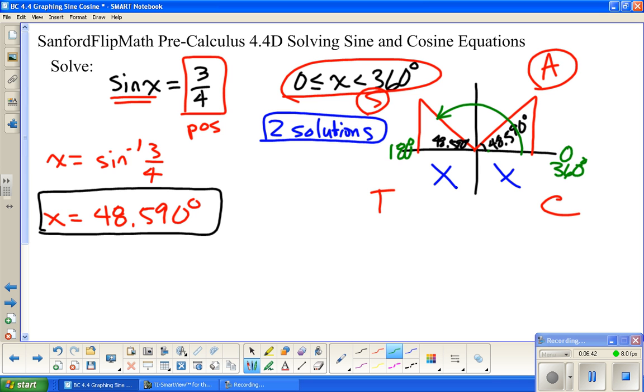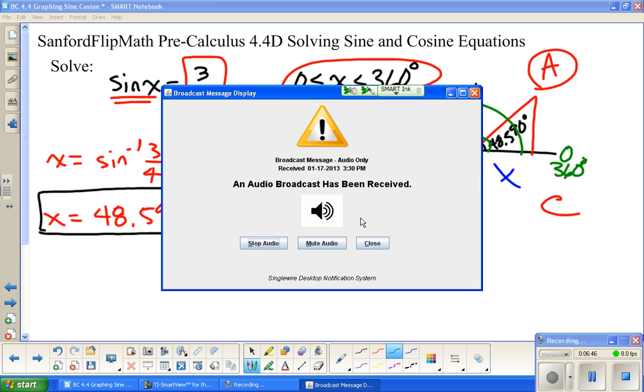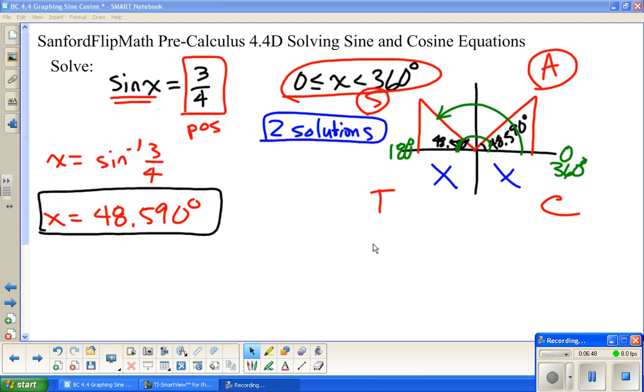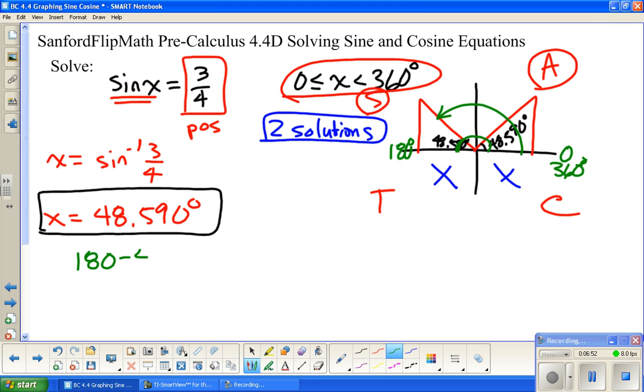Now the thought is if I rotate all the way to the x-axis, that'd be 180. I have to back up 48 degrees. So I got to do 180 minus 48.590 degrees, and this will be another value for x.